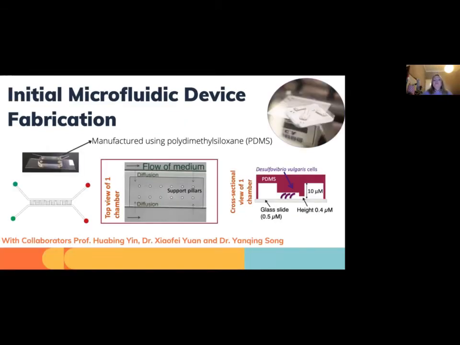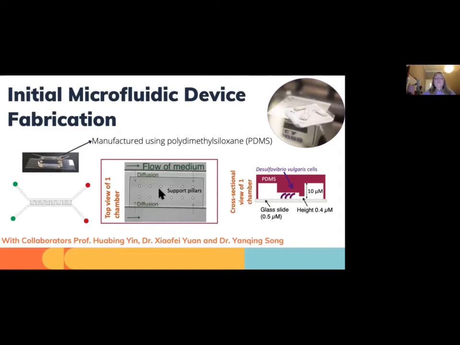So for the initial device fabrication, the microfluidic device was manufactured using polydimethylsiloxane, so PDMS. And this is a really handy material for fabrication of these devices. It's relatively cheap and can be fabricated relatively easily.